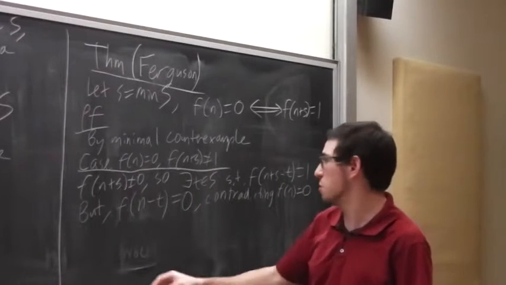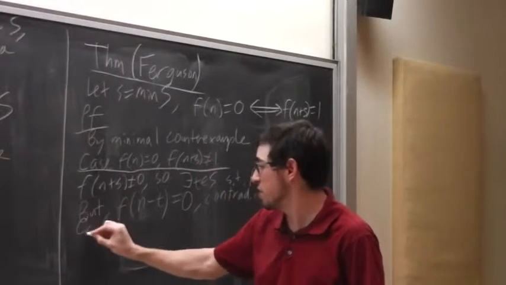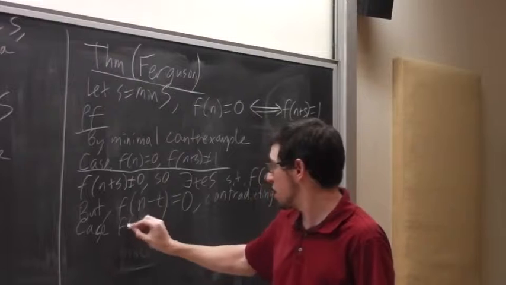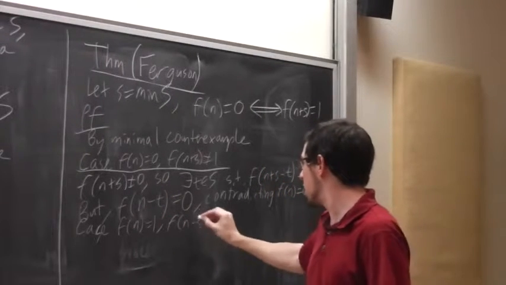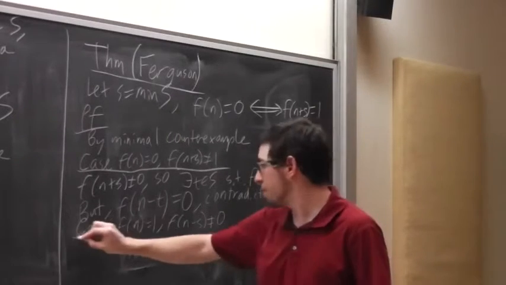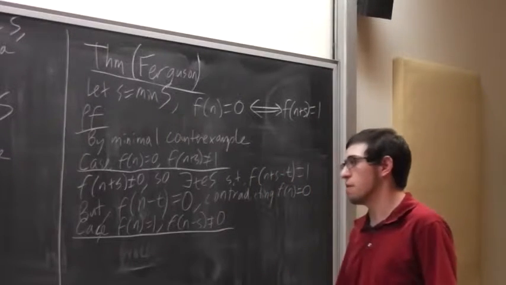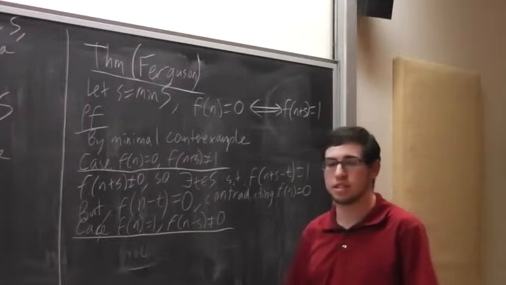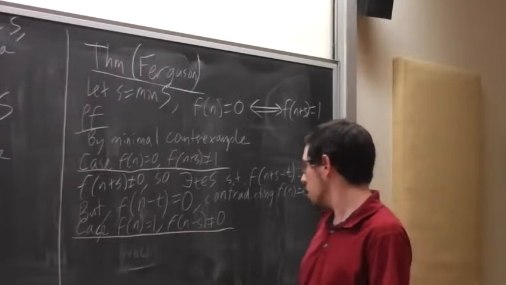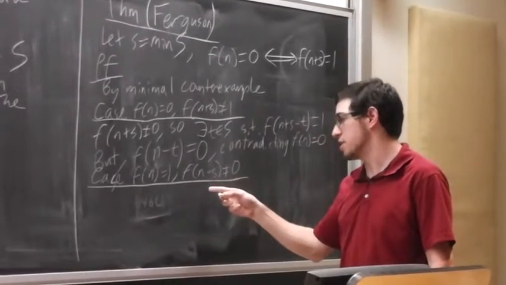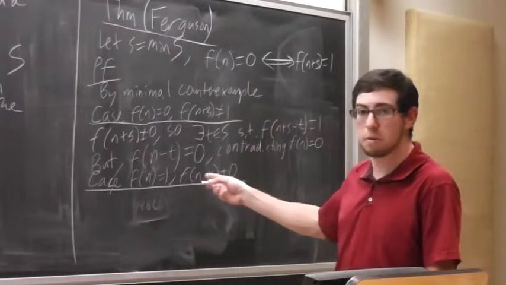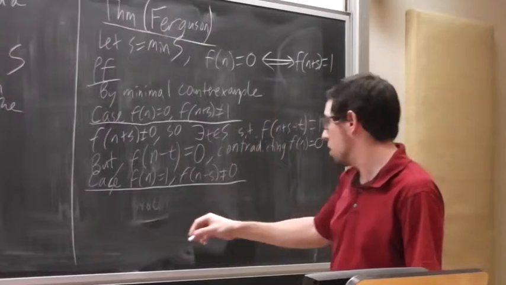And now we play a similar game if it's the other one that fails. So if f of n equals 1 and f of n minus s is not 0, then you have to be able to move from n minus s to a position that's 0.